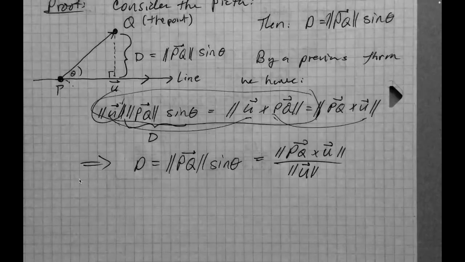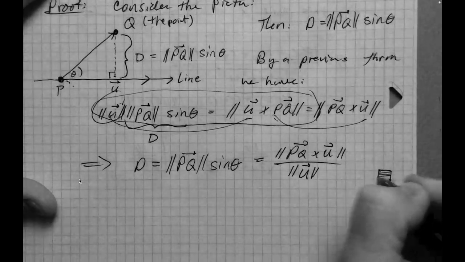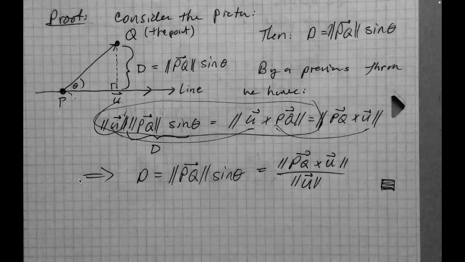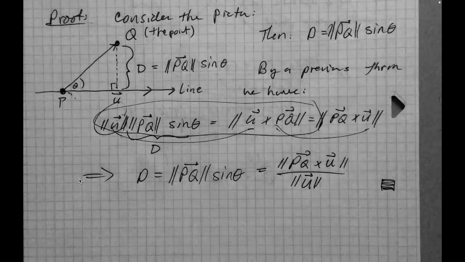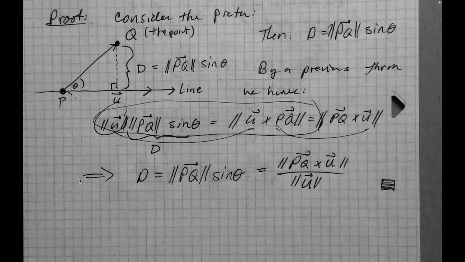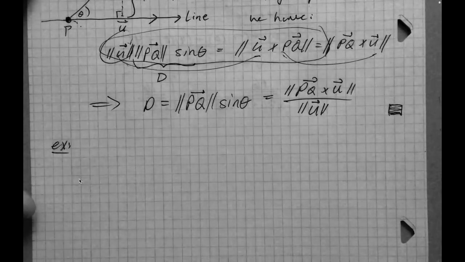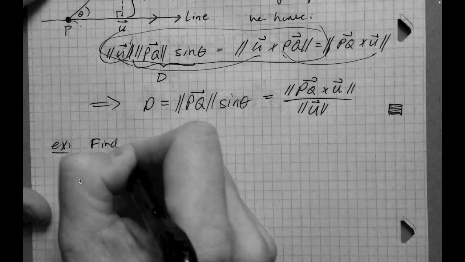Okay. All right, so that's fairly straightforward. It kind of more or less follows from the geometry of the scenario and also from the previous theorem that we saw. All right, let's do a quick example here. Okay, let's find the distance.